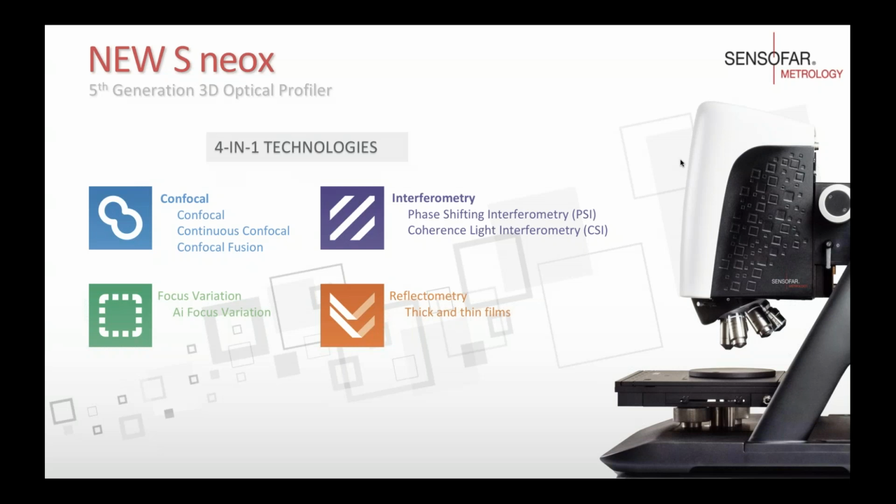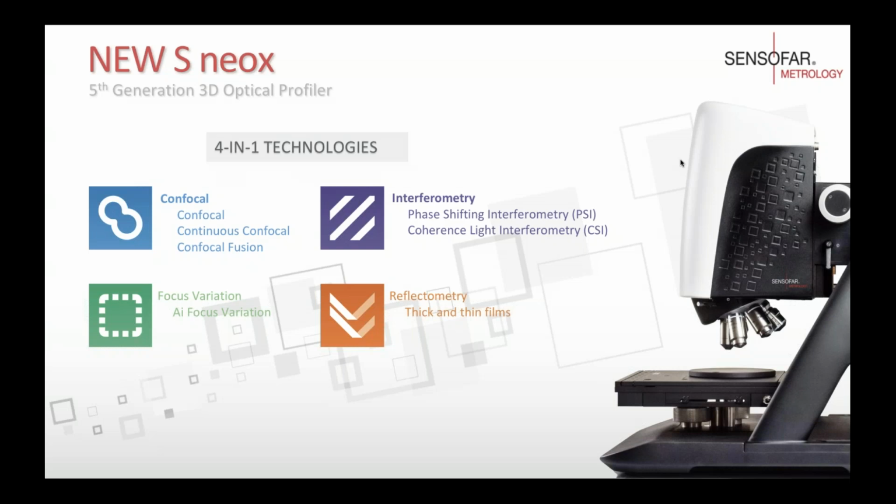Confocal, we do have continuous confocal, which, as I mentioned earlier, is about 5 times faster than any laser-based confocal rastering system. We achieved this with a micro display, which we could talk about later if anyone is interested in further understanding the technology. As far as the interferometer, we offer our coherence light interferometry and phase shifting interferometry.